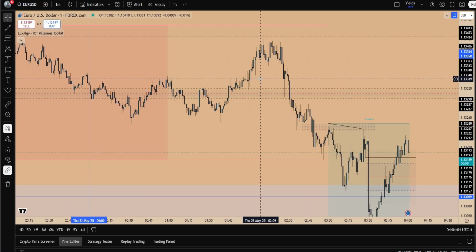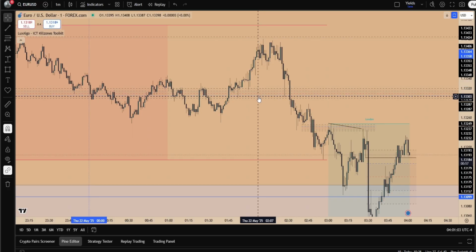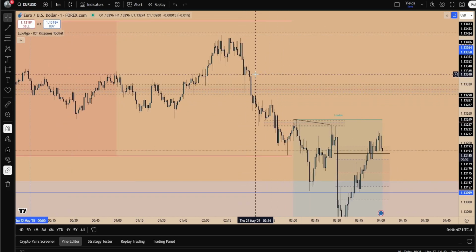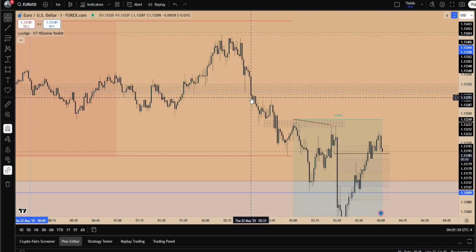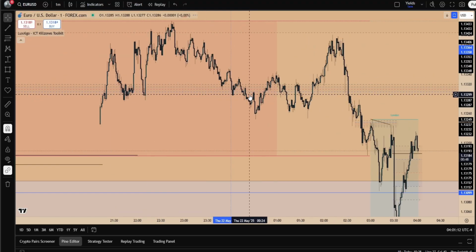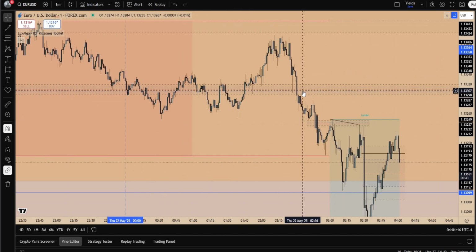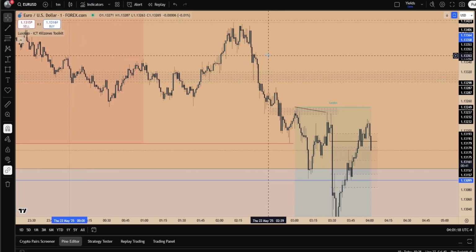Generally, it's going to be some form of external range liquidity. This disregard for what would have been an otherwise important level tells me a lot about where the market wants to go.